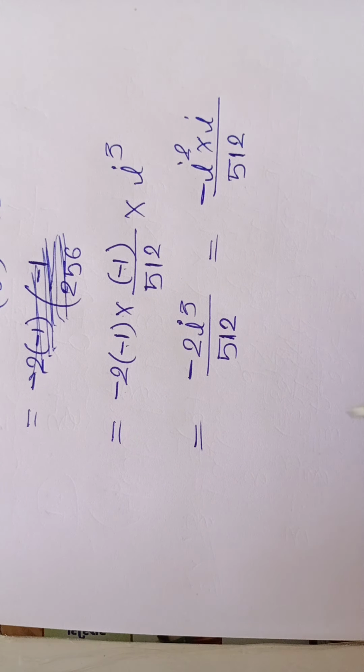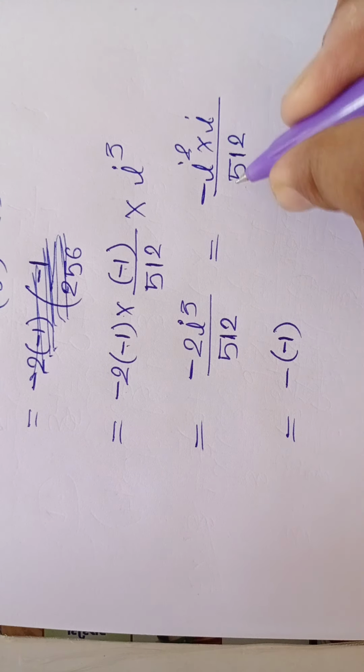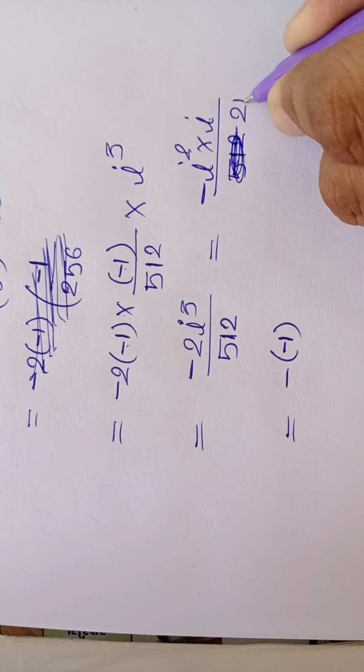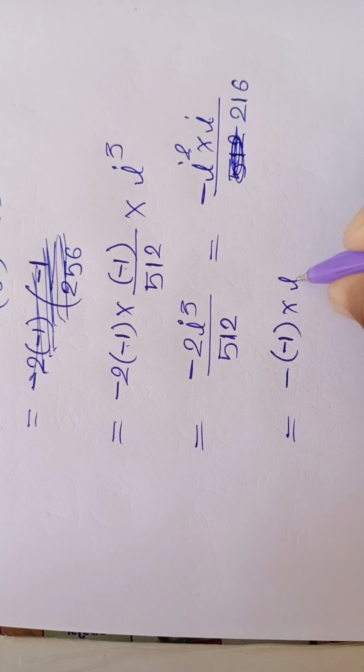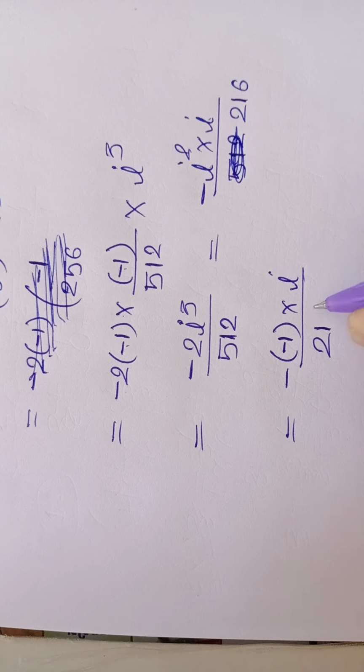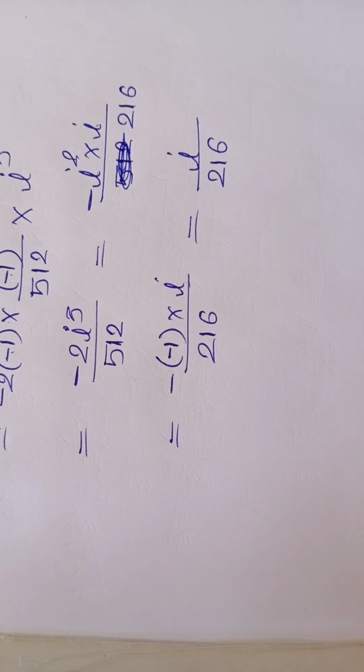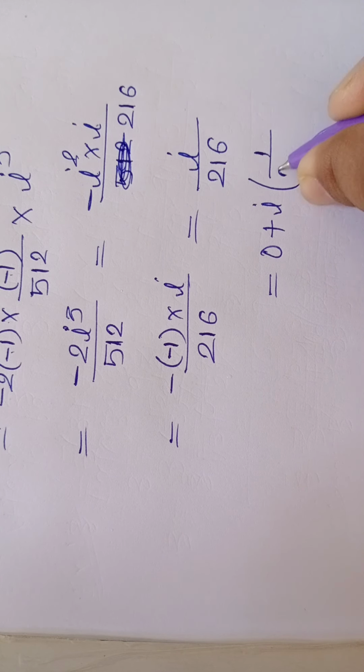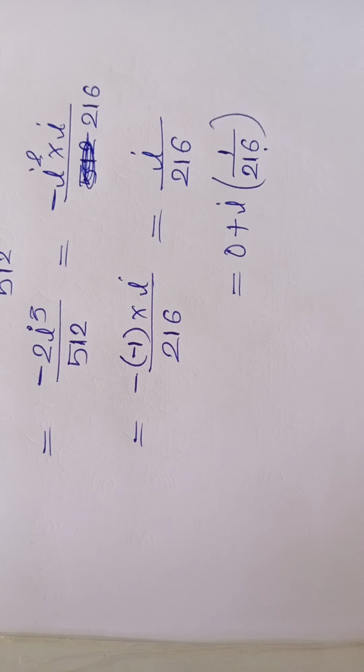And what is this? i square is minus 1. So minus minus 1, sorry, here it is 2i by 512, so i by 256. It means our answer is i by 256. Okay, it can be written as a plus ib, like this: 0 plus i into 1 by 256, right? So this is very easy.